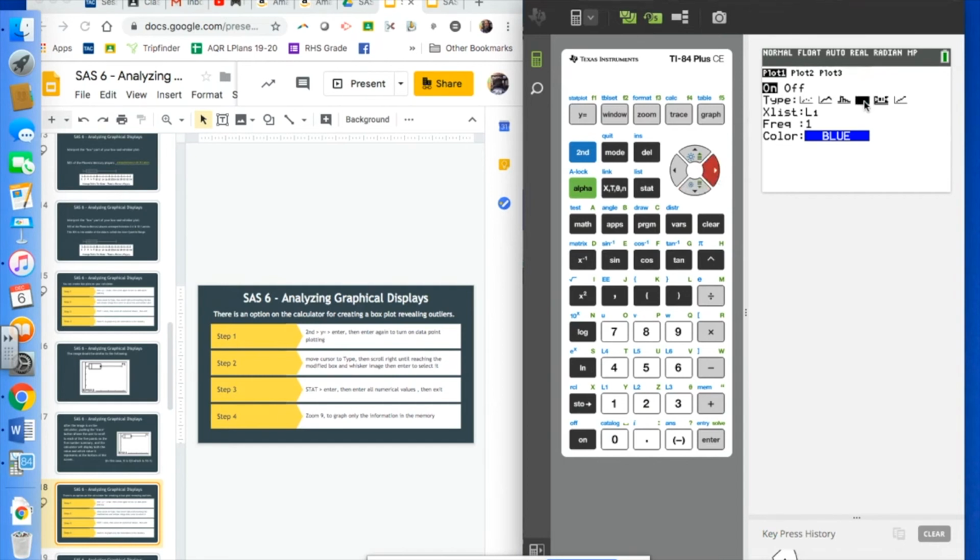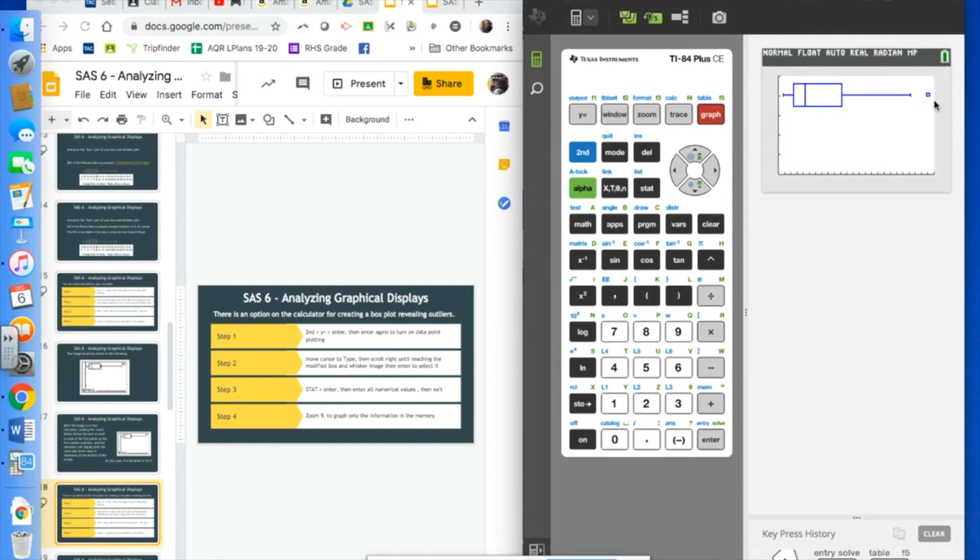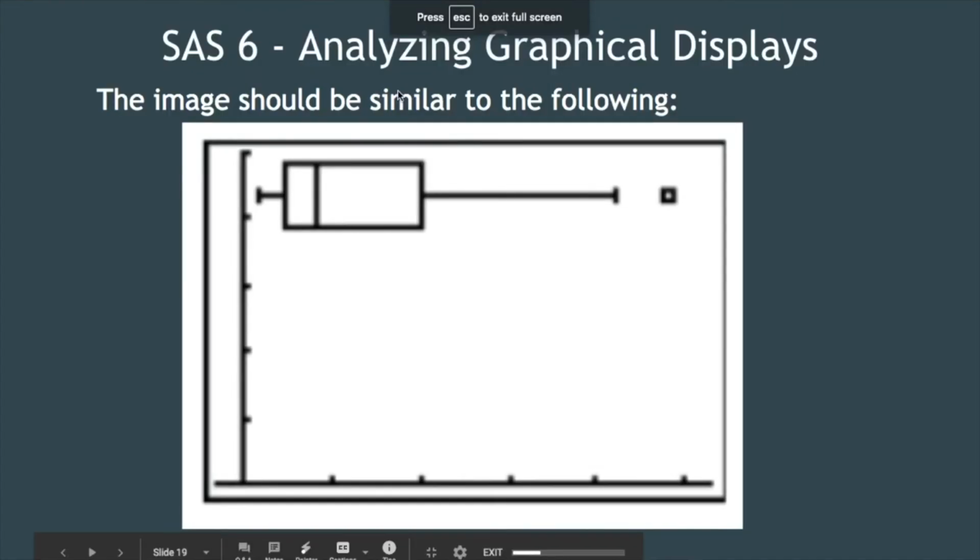This one has a couple dots on the outside of the box and whiskers because that's what's called outliers. They're outside the normal distribution. And now when I enter it and I hit graph, now I have this one dot that's way out here because it's an outlier. It lies far outside of the normal distribution. Okay? And if we go back into the screen, as you can see, it should look something like that.